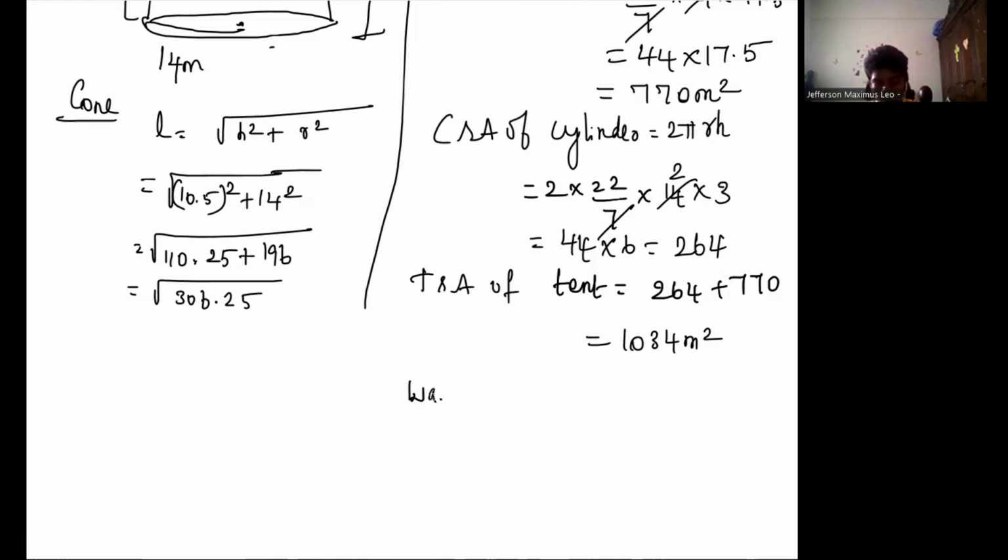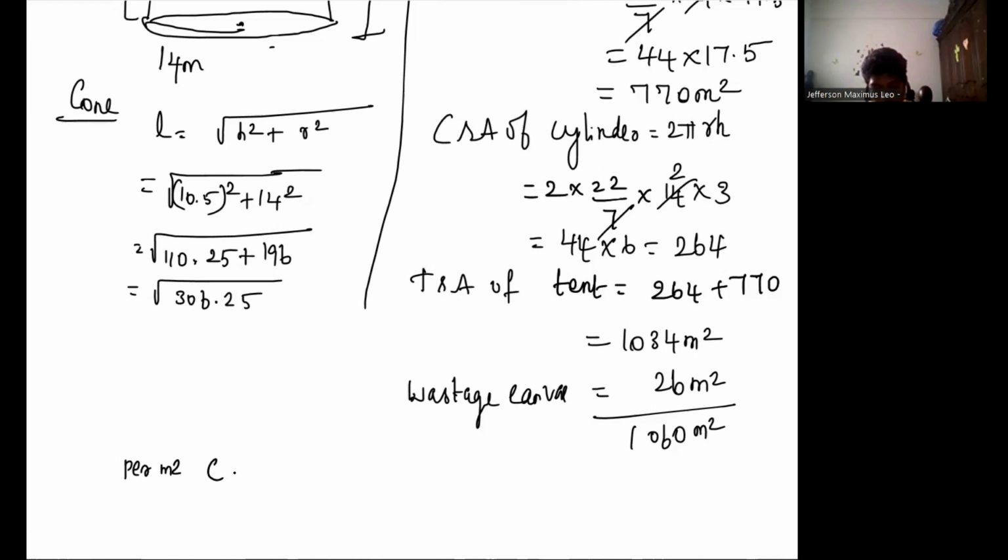So wastage canvas is equal to 26 meters square. Just add up. Ma'am, 1062. 1060 meter square. Per meter square, the cost price is 500 rupees.